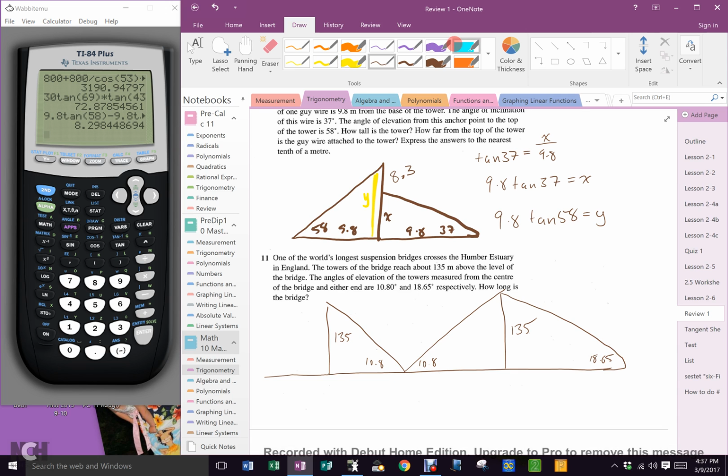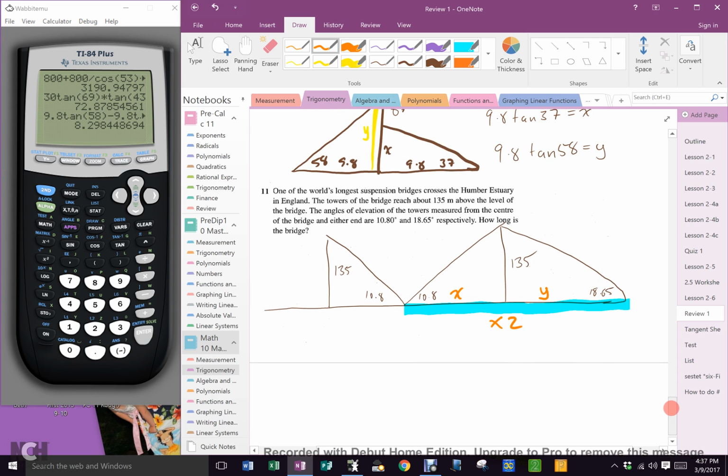So if I can find this, and then I do times 2, I've got it, don't I? So to find this, I need to find x, and I need to find y. On the x side, I have theta of 10.8, opposite of 135, and adjacent of x.